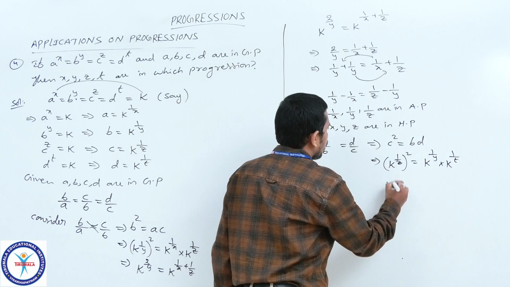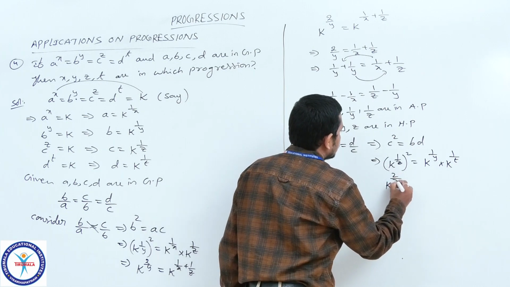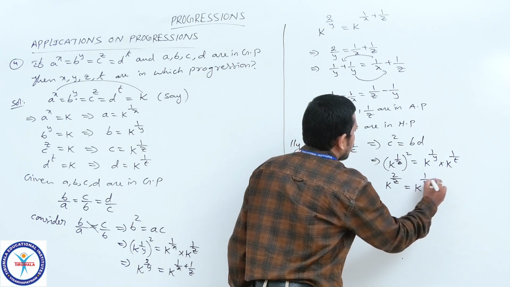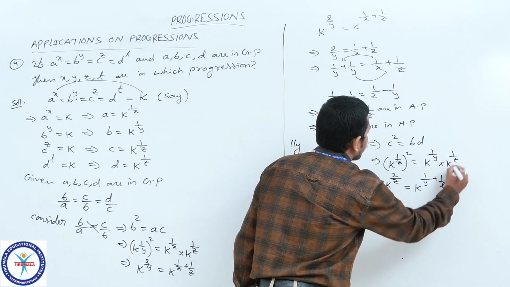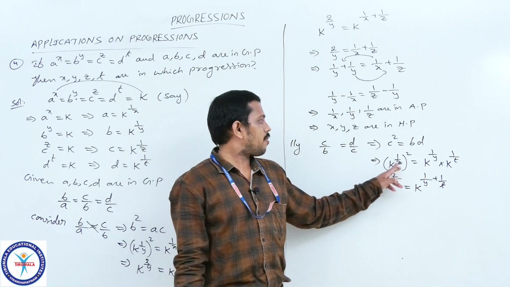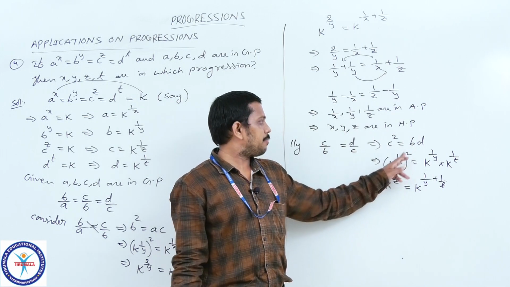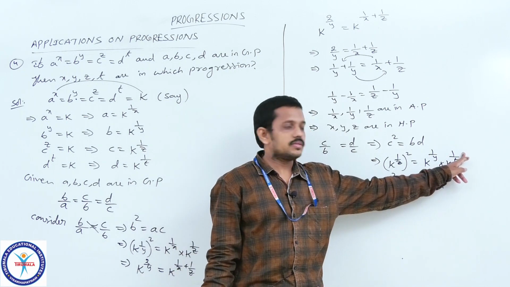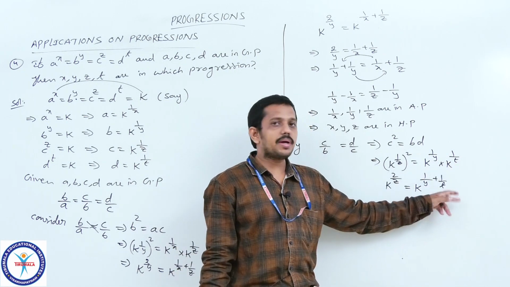So from this k^(2/z) = k^(1/y + 1/t). Here (a^m)^n = a^(mn), so 2/z. Here bases are equal, add powers. So k^(1/y + 1/t).